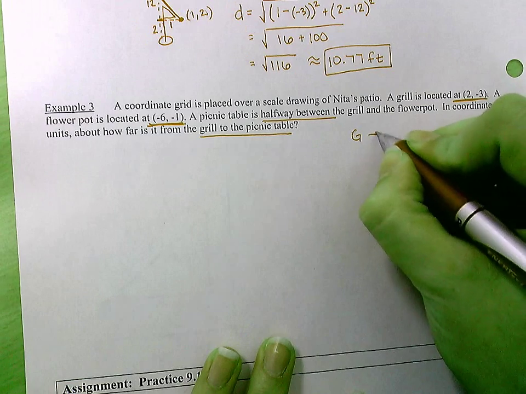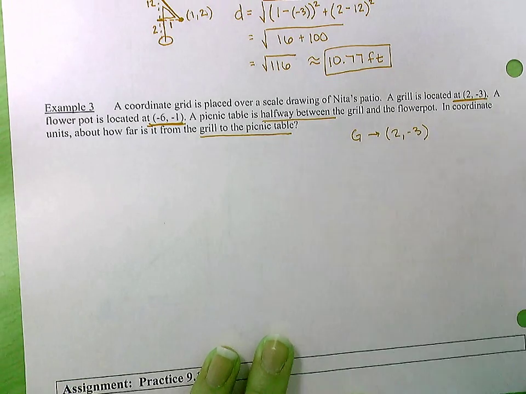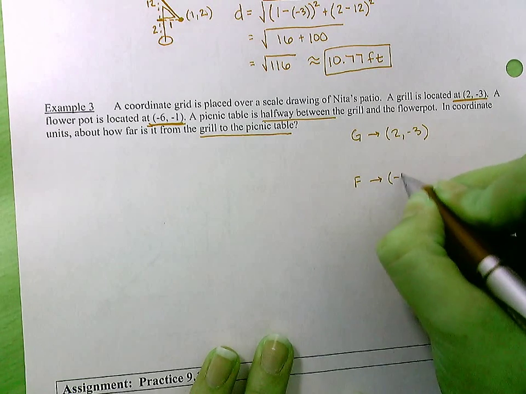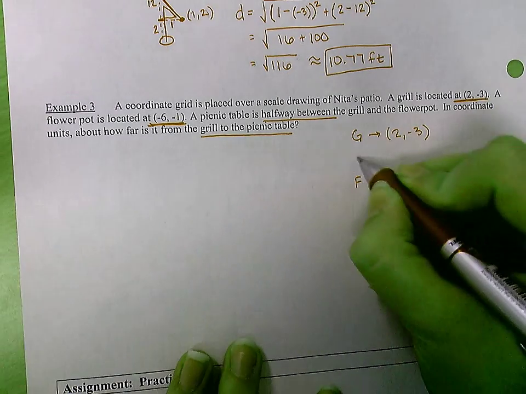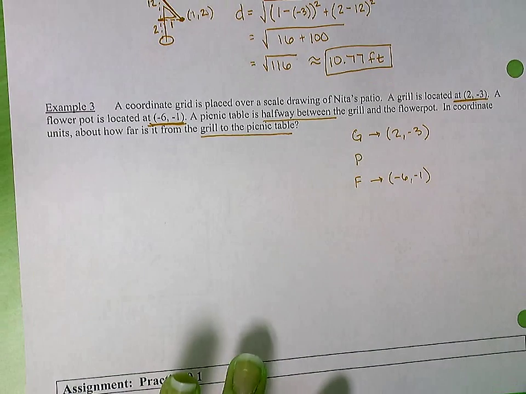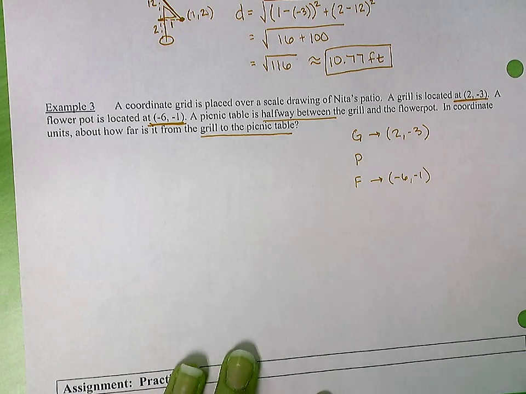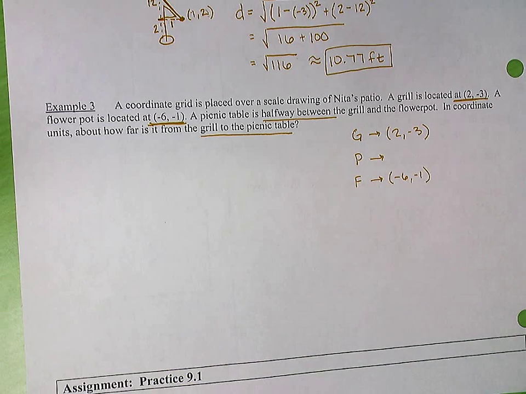So that's what I'd do. The grill is at 2, -3. Okay. The flower pot is at -6, -1. Okay. And your picnic table is halfway between those two. So we need to find the distance between those.